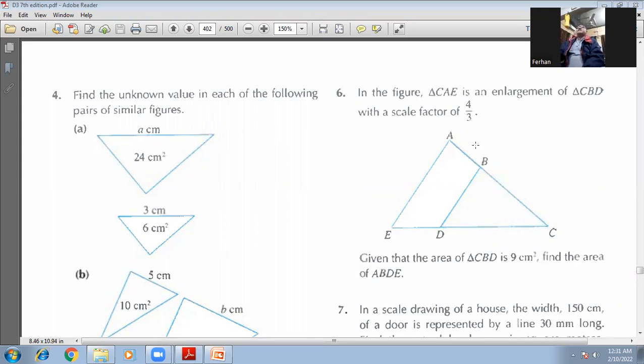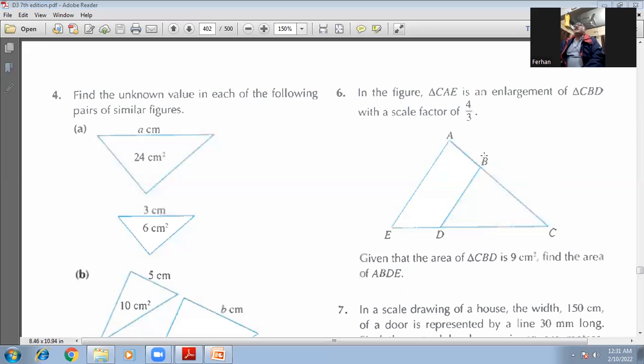It says with a scale factor of 4 by 3. It means 4 by 3 means image divided by object. The scale factor is image divided by object, the length of the image by the length of the object. So it means that the CA is 4, and from C to B it is 3. That's the ratio of those sides.